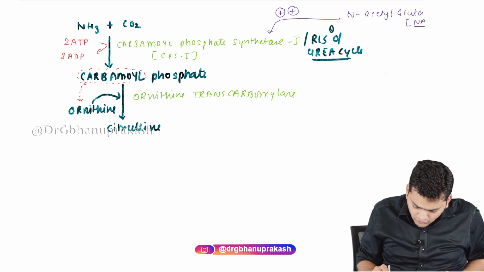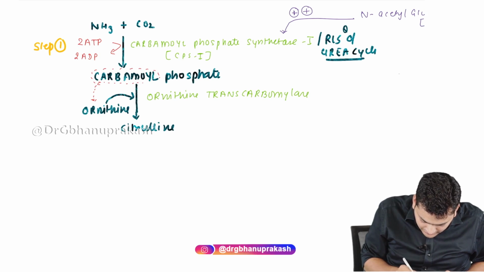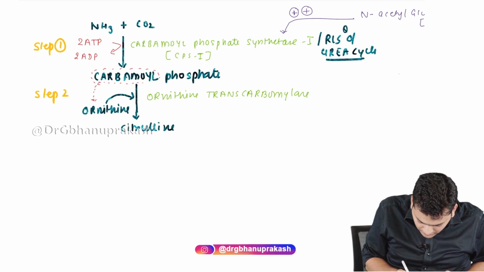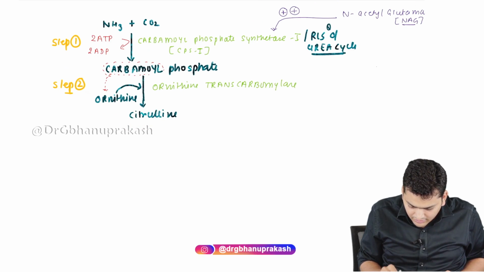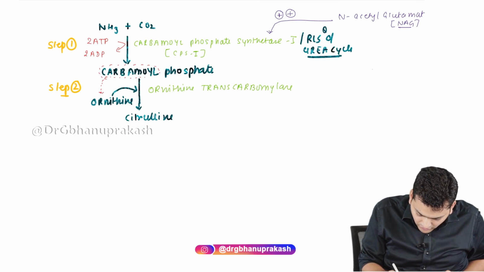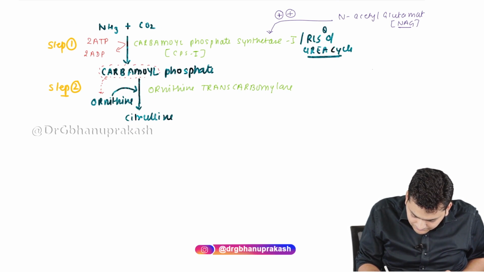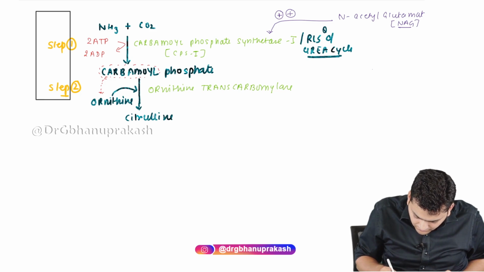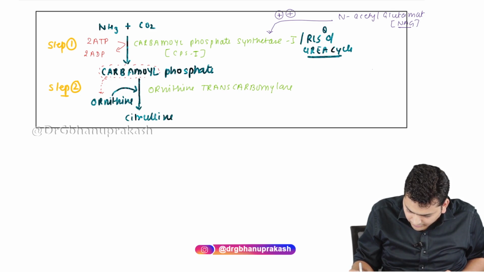So for the first two steps, I am just giving the numbers for our convenience. This was step number 1 and this was step number 2. These first 2 reactions occur in the mitochondria of the hepatocyte. So if I just make a demarcation, these are the first 2 reactions that are occurring inside the mitochondria.